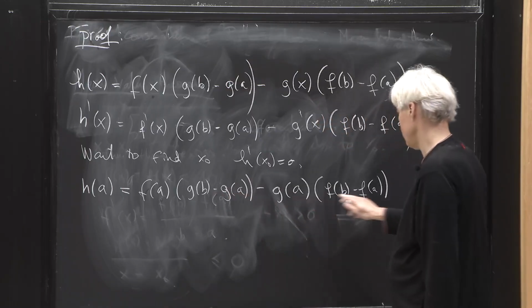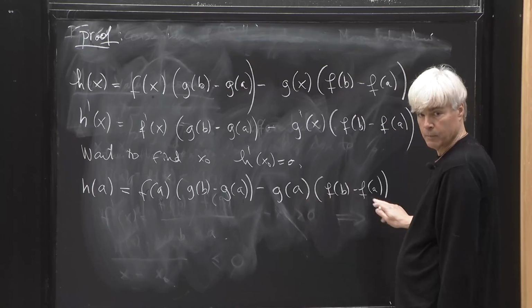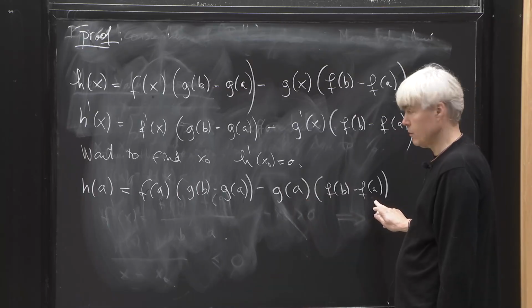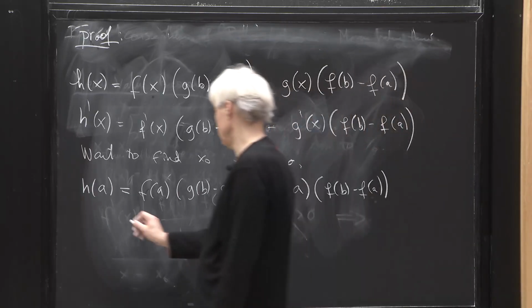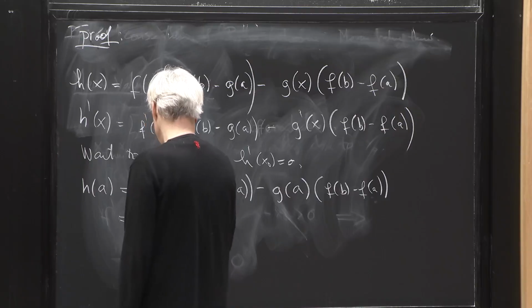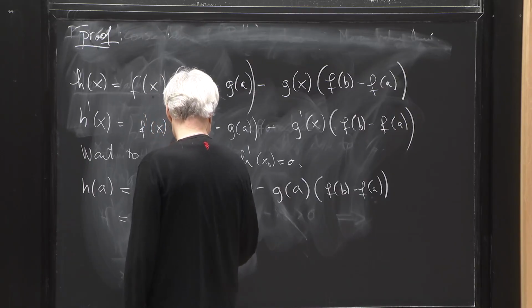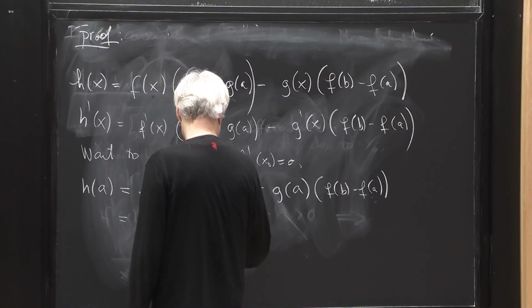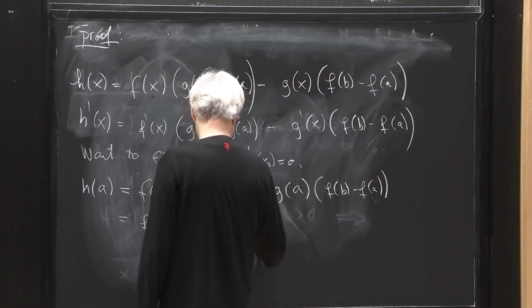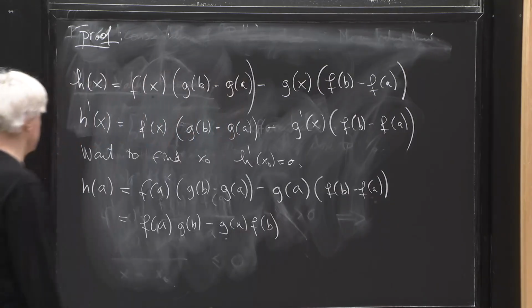I have the same term over here, but that comes with a plus. So those two cancel out. So I just get f of a, g of b, minus g of a, f of b.